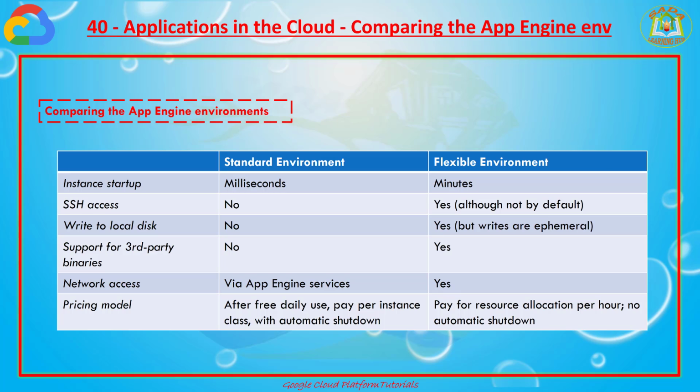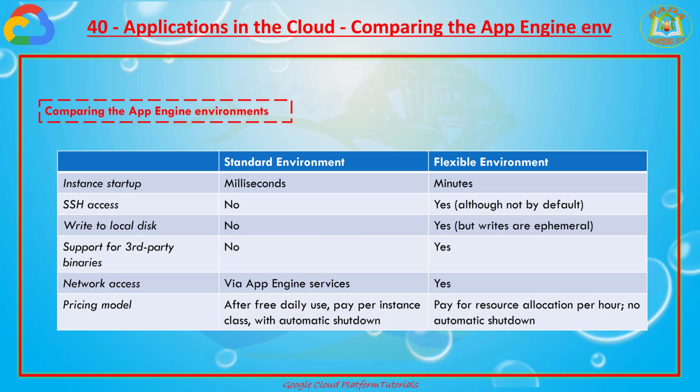Here is a side-by-side comparison of standard and flexible. Notice that the standard environment starts up instances of your application faster, but you get less access to the infrastructure in which your application runs. For example, the flexible environment lets you SSH into the virtual machines on which your application runs.